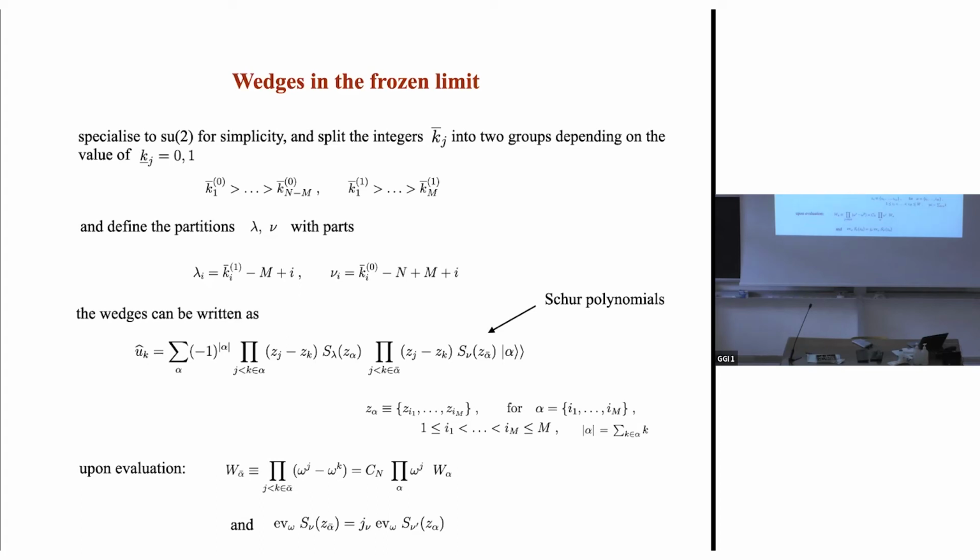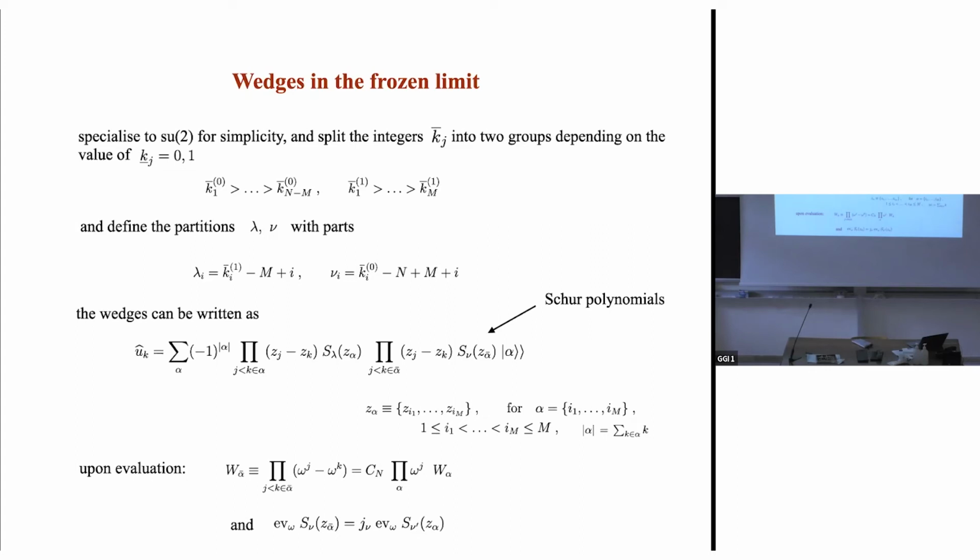So this will be some Vandermonde of the variables in the set alpha times the Schur polynomial associated to this partition, and on the other, on the spin up, we also have some Vandermonde with some Schur polynomial, and then we have to antisymmetrize when we change the component of the spin.